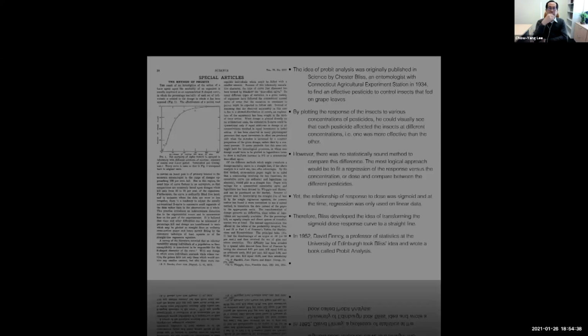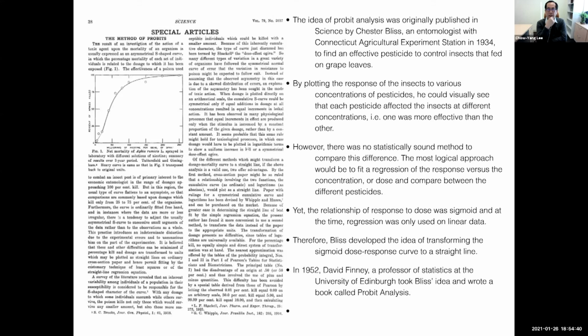Probit analysis is an idea that was initiated by Chester Bliss, an entomologist at the Connecticut Agricultural Experiment Station back in the 1930s. He was intending to test pesticides that control insects that feed on grape leaves.